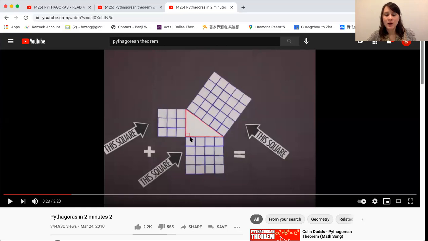And then the bottom, if 4 was squared, we would have 16, so we count out there's 16 boxes here. And if we add these up, that equals the square of the third side. So the third side is 5 units long, and 9 plus 16, if I calculate that out, is 25. And so if I count this out, it's a 5 by 5 square, so it's 5 squared, which is 25 units big. So I'm going to play this video and let you watch it and see what's going on here, and then I'm going to show you another really cool thing.